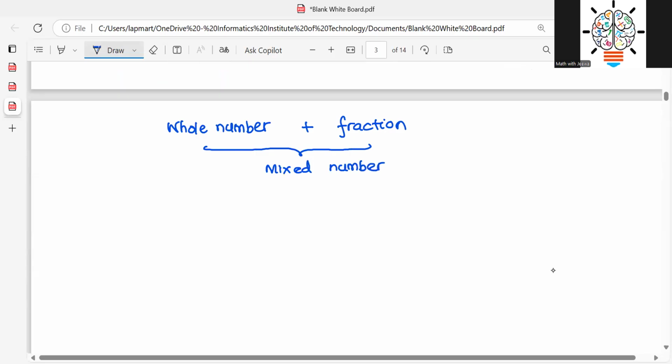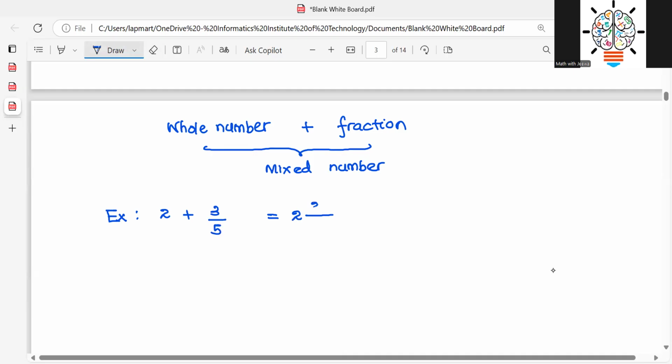How are we going to write this, children? You should know these things in a proper way. Let's say you have 2 and 2/3 for an example. How are we going to write this? 2 in the middle, you draw the line, and 2 over, I will take another number. So let's take 3/5.